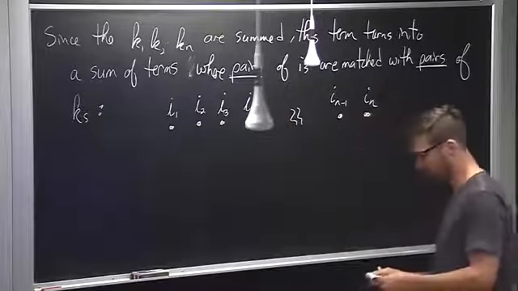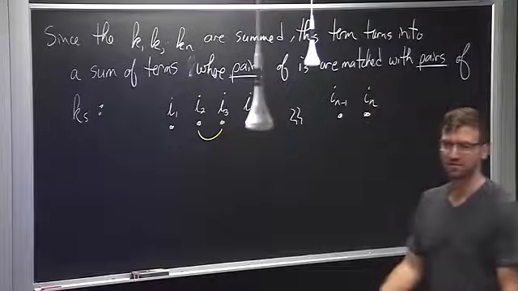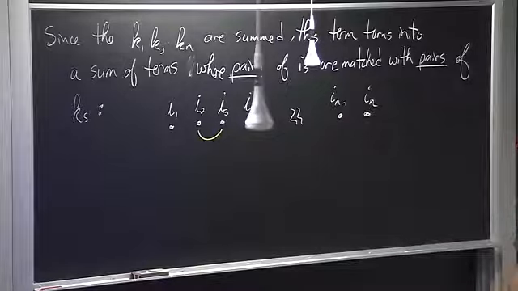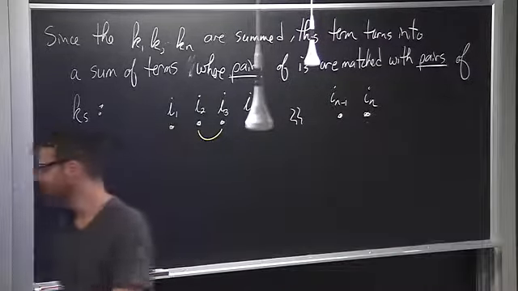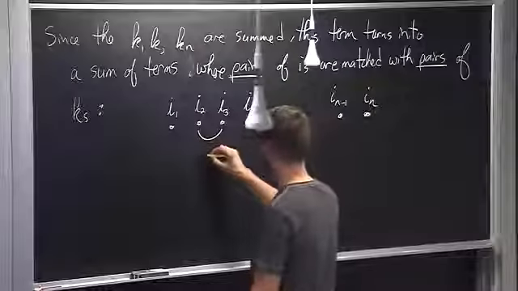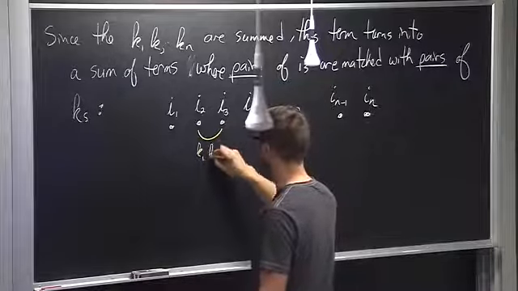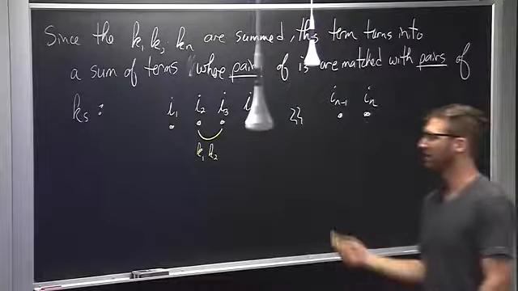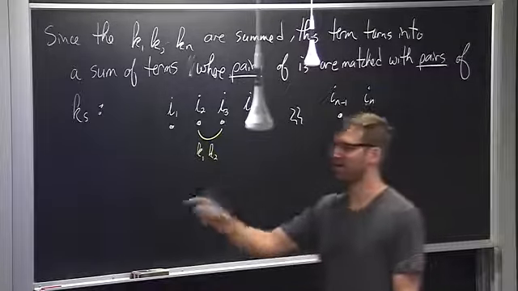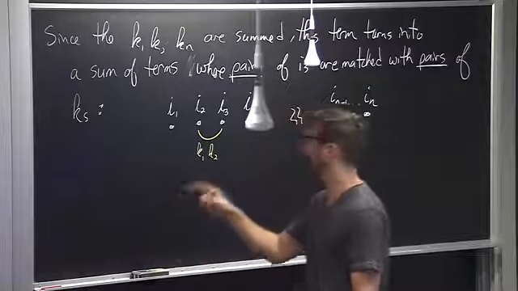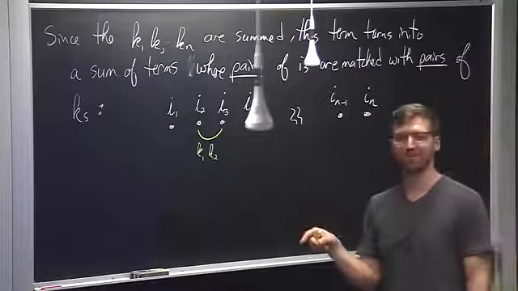You have to take a pair of those, say this pair, and assign a k index to them. Let's assign k1, k2 to it. That's one pairing out of n by 2 pairings in one element of that sum.